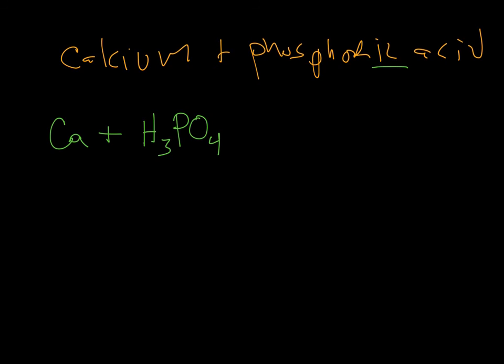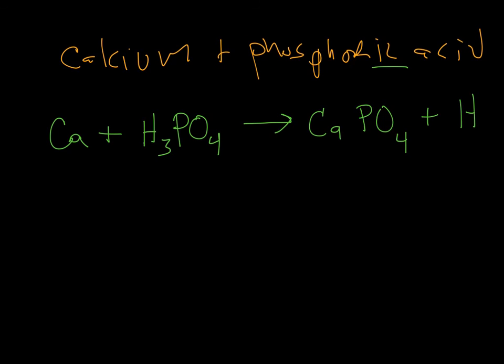So this is calcium plus phosphoric acid produces, now we know that this is a single replacement because I have an element plus a compound. So calcium is going to replace the hydrogen because calcium is positive, hydrogen is positive. So when they switch places, that gives me calcium now combined with the phosphate, and hydrogen is now by itself.